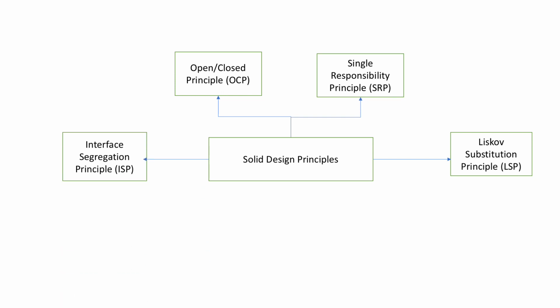The fourth design principle is the interface segregation principle, which says that many client-specific interfaces are better than one general-purpose interface. That is, interfaces should be split down into small groups of related members that are implemented by all classes that implement the interfaces.